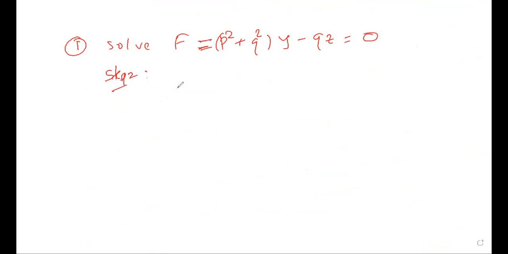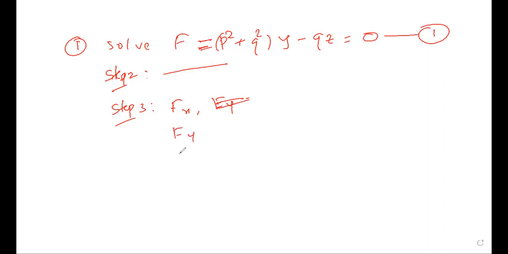First of all, you have to write down Charpit's auxiliary equations as step number 2, and from step number 3, with this as equation number 1, find out the substitutions. For example, what is fx? What is fy? What is fp, fq, and fz? Can you fill up these things?